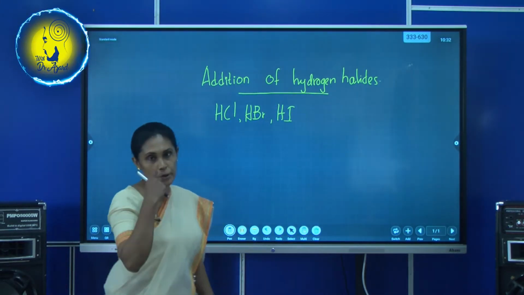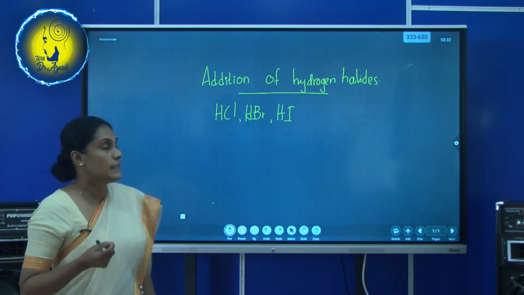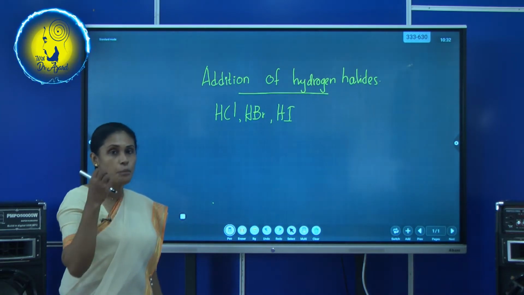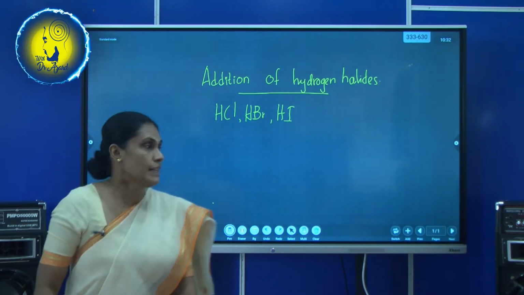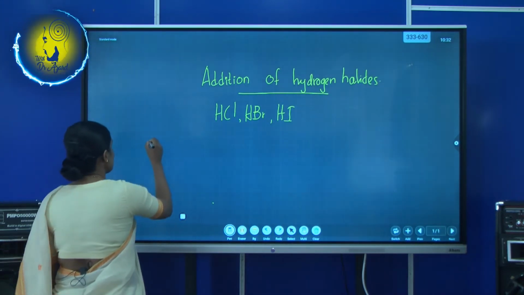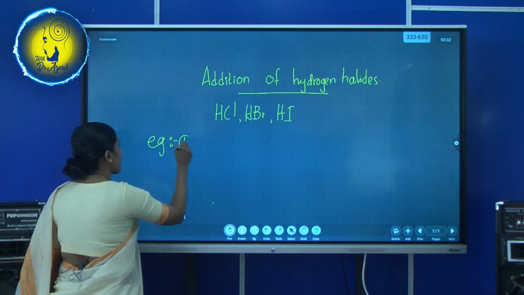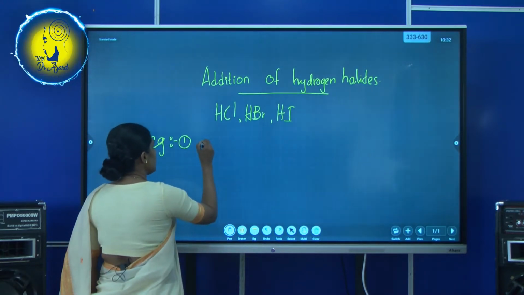In this lesson, I'm going to show you the mechanism of hydrogen halides bonding to alkenes, right? Okay, let's take an example. This is my first example, example number 1. I'll take ethene.